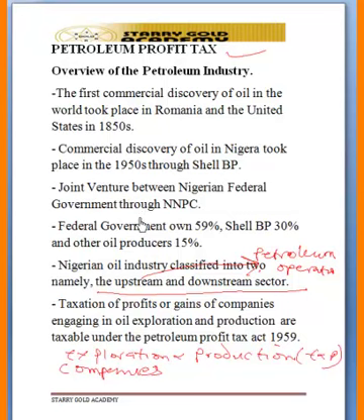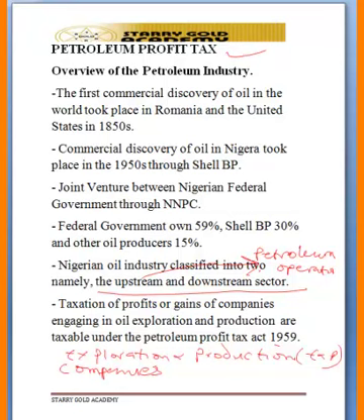Basically they are into marketing. It also includes activities such as pipelines and storage, petrochemical sales and services. These are referred to as the downstream sector. Let's quickly go through them. What are the activities that we usually find in the upstream sector?